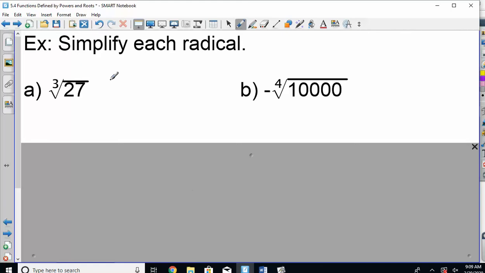You can do it on your calculator. I want to caution you, eventually we're going to have variables with this, so make sure you understand what it means. Don't just always go to your calculator to do that.